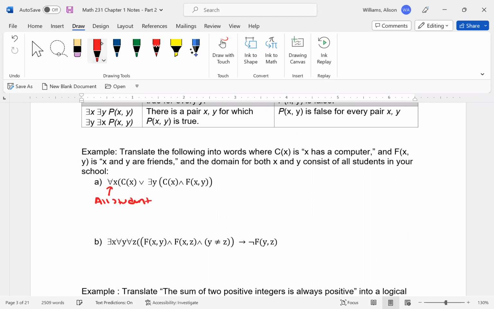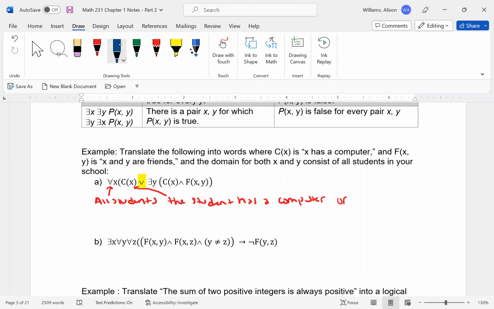Not writing the translation yet. All students. This says, for every student at the school, that they have a computer. I just realized there's a typo.